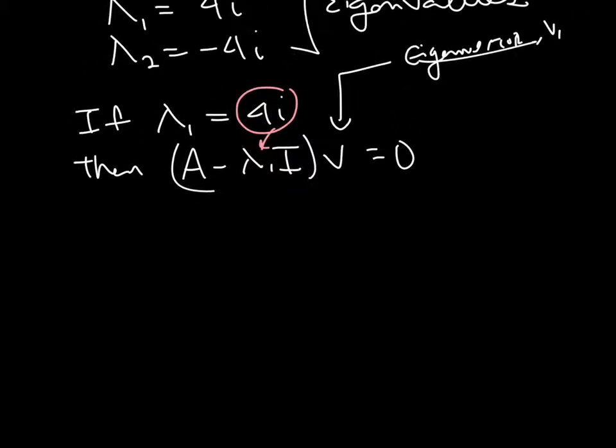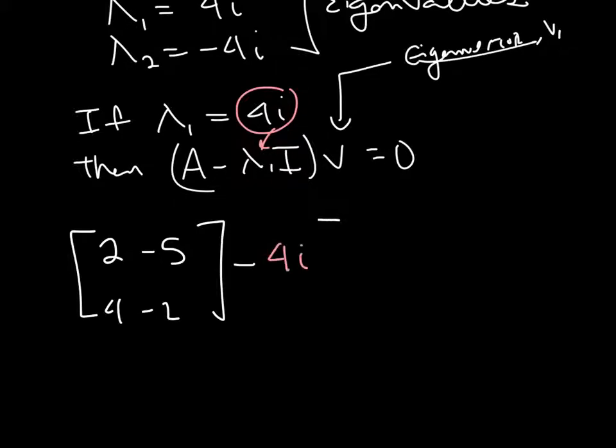So what was our coefficient matrix? It was 2, negative 5, 4, negative 2, minus lambda I. So minus 4i, and then our identity matrix, 1, 0, 0, 1, times our vector v.